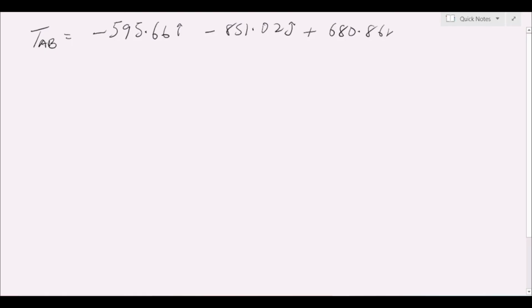So let's quickly bring out all the resolved forces so that we can add them up. We estimated TAB to be equal to minus 595.66i minus 851.02j plus 680.86k.